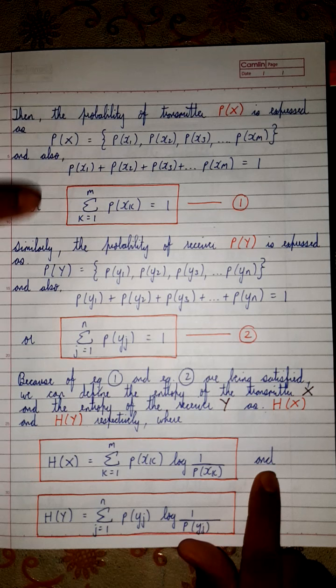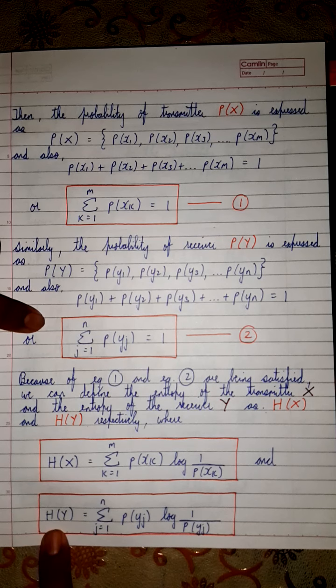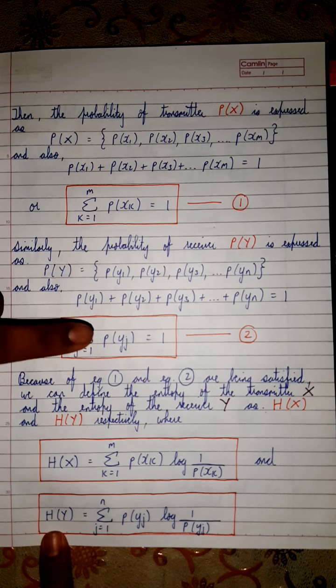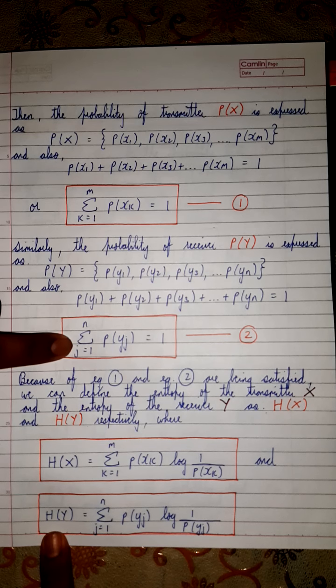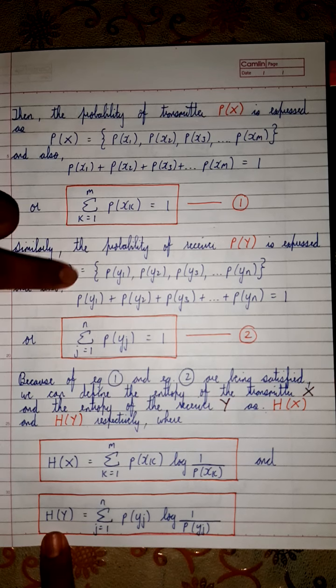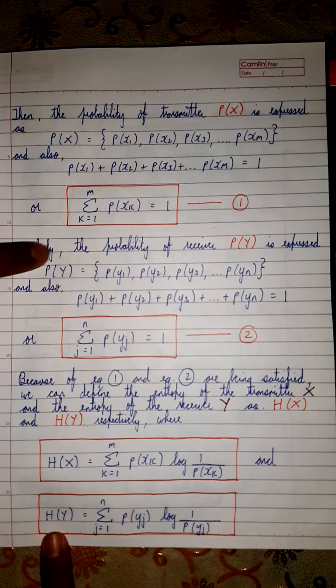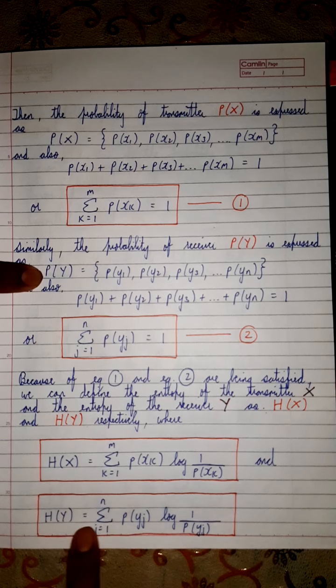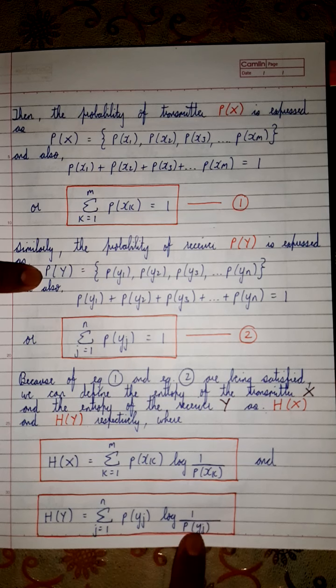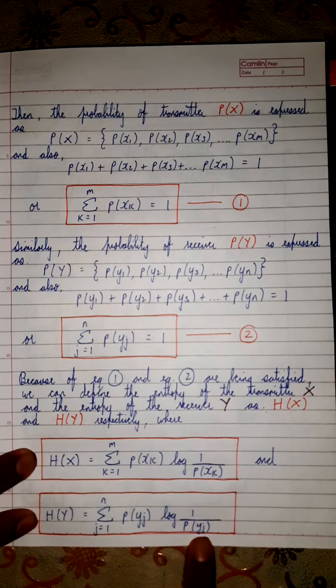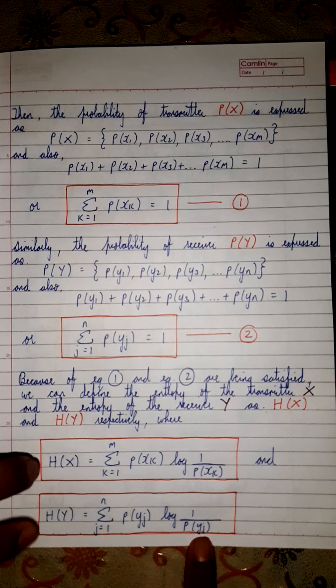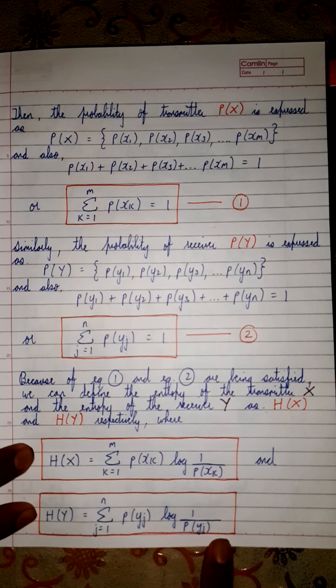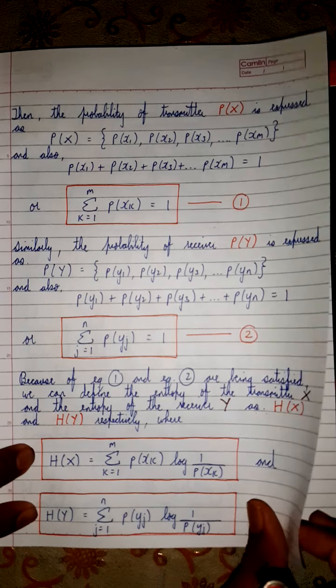And likewise, the entropy of the receiver. In the receiver also, this probability condition is satisfied, therefore we can find the entropy: H of y is equal to sigma j equal to 1 to n, P of yj log 1 by P of yj. These two entropies, H of x and H of y, are called the marginal entropies.